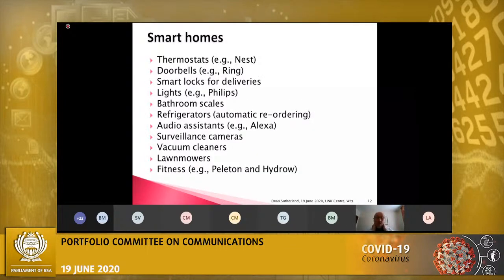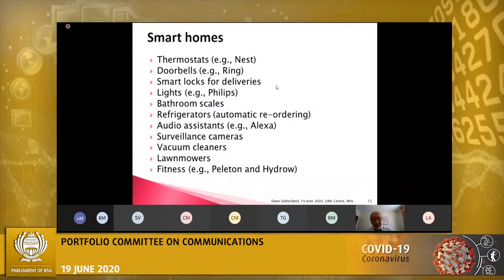We're going to see a lot more of this because we're getting a lot more electronic devices in the homes. We're getting everything networked: thermostats, doorbells, lights. You can now get smart locks which say, yes, I know who's trying to deliver something, I'll open the door for you.